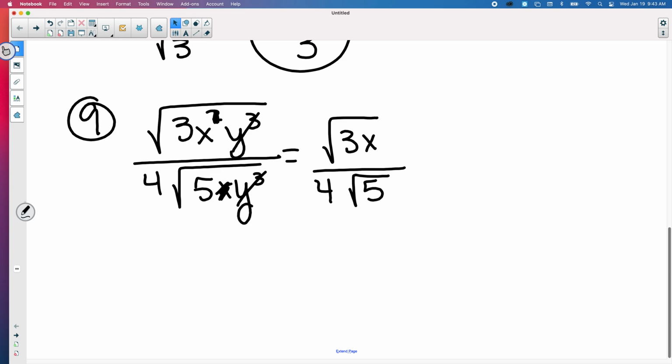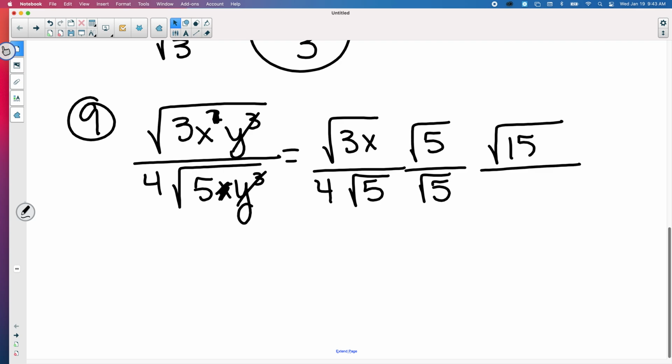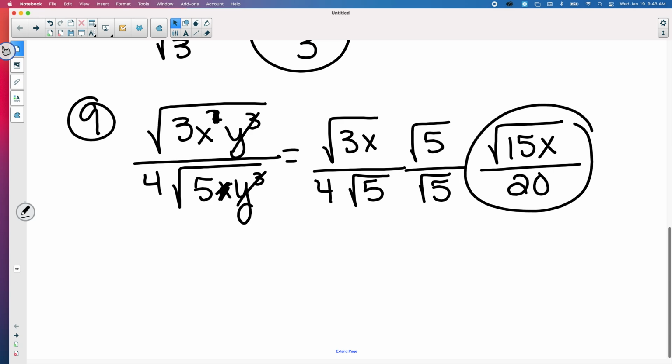Pretty good? And then what would you do to simplify that? Multiply top and bottom by radical 5. On top, what would you get? Good. Now bottom, 20.